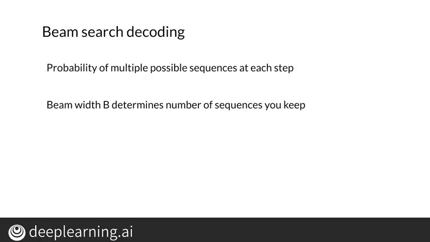At each step, you only keep the b most probable sequences and drop all others. You generate a new word until all b most probable sentences end with the EOS token. So beam search consumes a lot of memory and could be computationally costly depending on your choice for b.